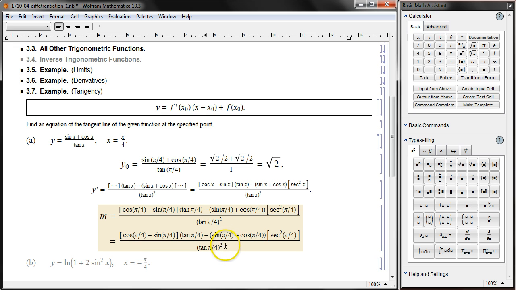Tangent of pi over 4 is 1, so the denominator is 1 squared, so it's going to be just 1. Cosine of pi over 4, that's square root of 2 over 2. Sine of pi over 4, that's the same, so this whole thing is 0. So the first term will just disappear.